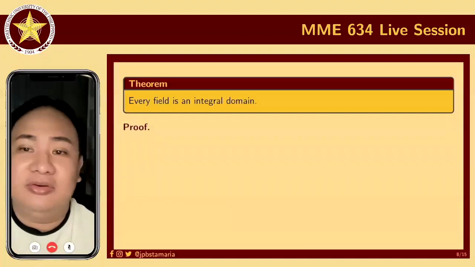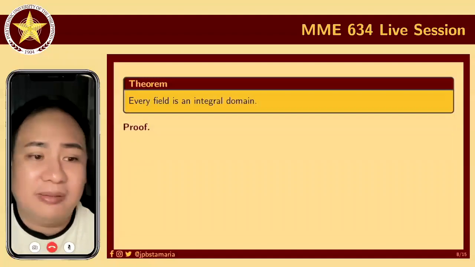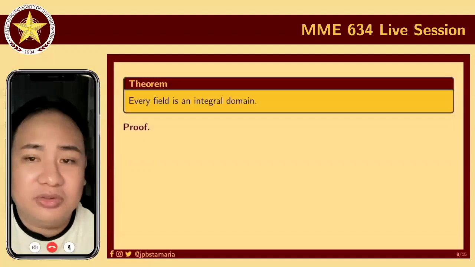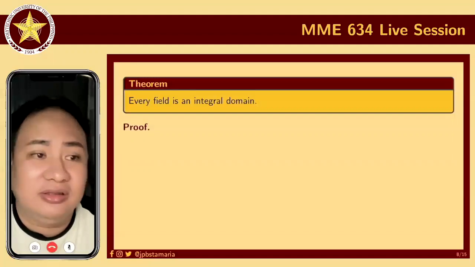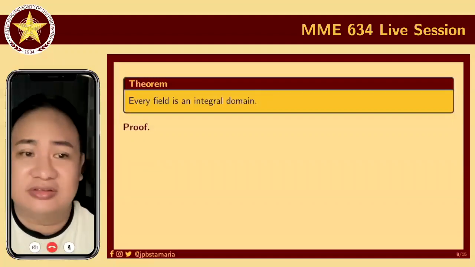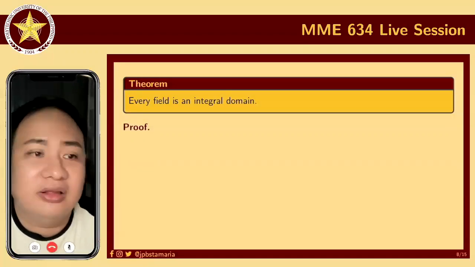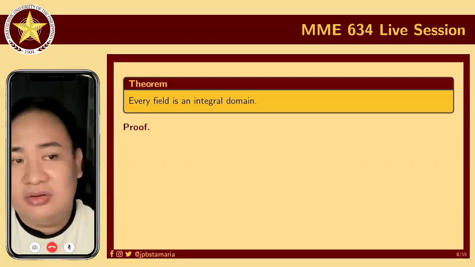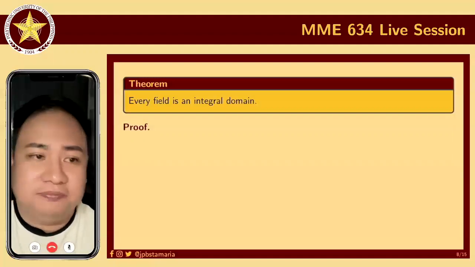Pero yung ring of integers is not a field kasi, for example, yung 2, ang multiplicative inverse niya ay 1/2, pero yung 1/2 ay hindi naman integer. That's the reason why the ring Z is not a field. It's only a commutative ring with unity.